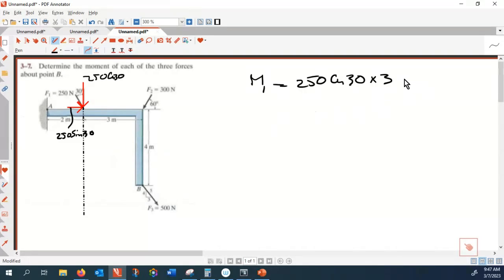So that is minus 250 sine 30. And the arm of rotation, Ahmad, what is the arm of rotation for this force with respect to B, the shortest distance? 4, yes?